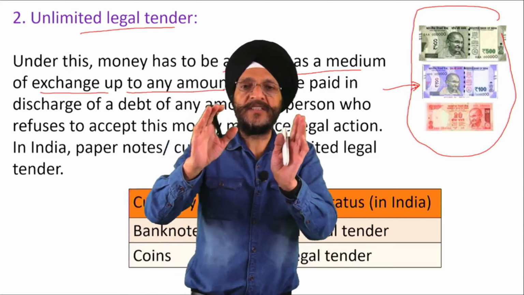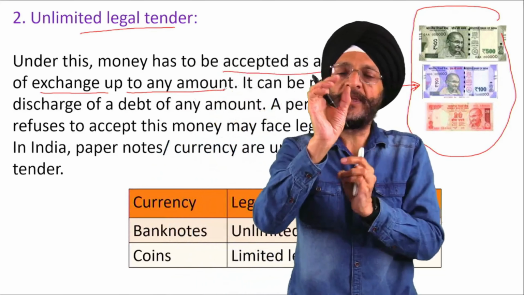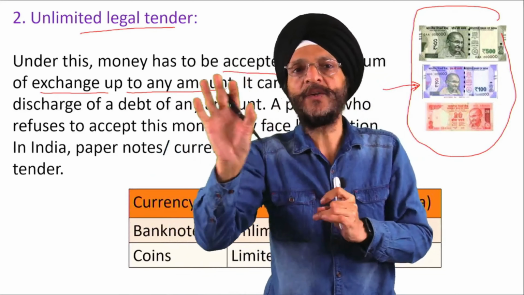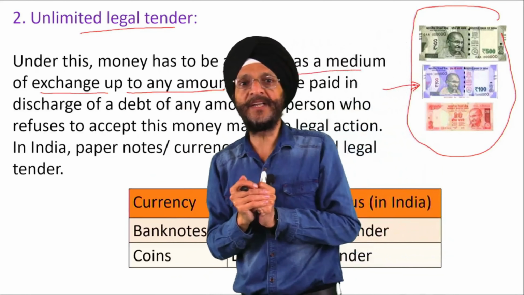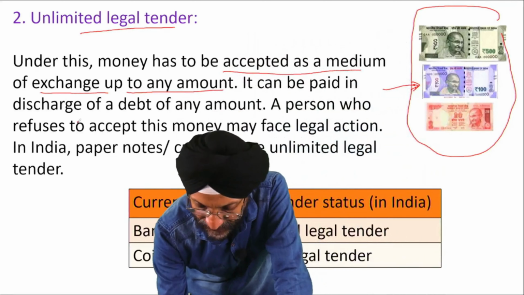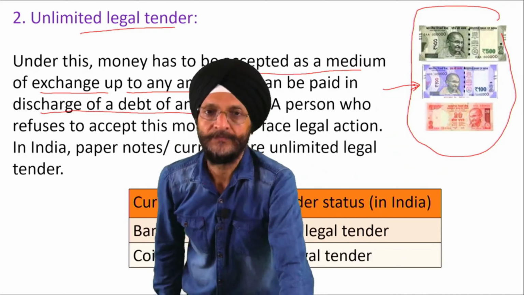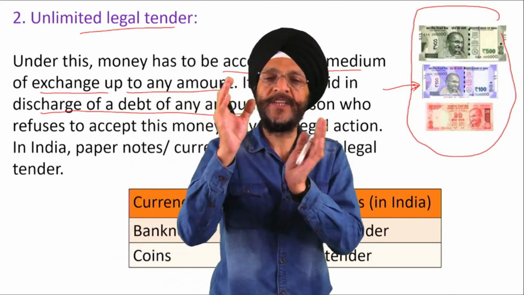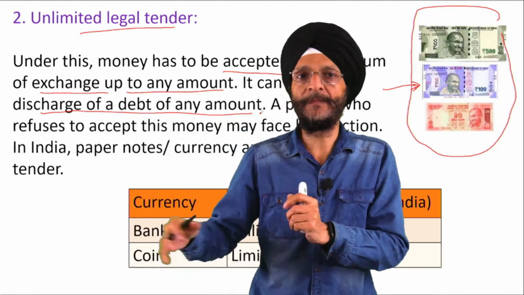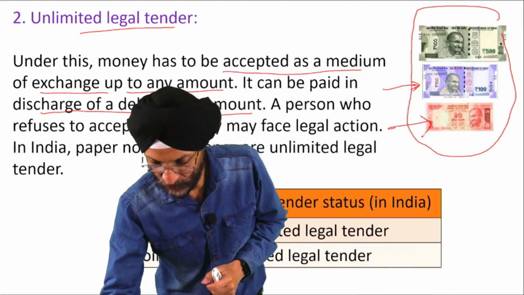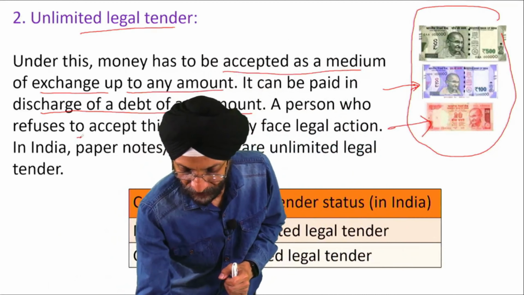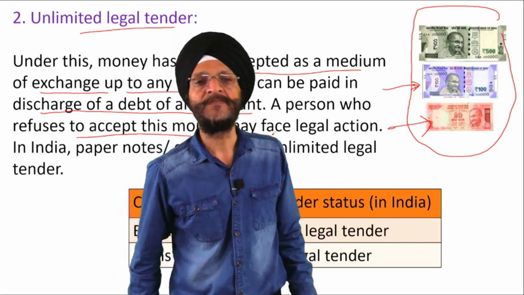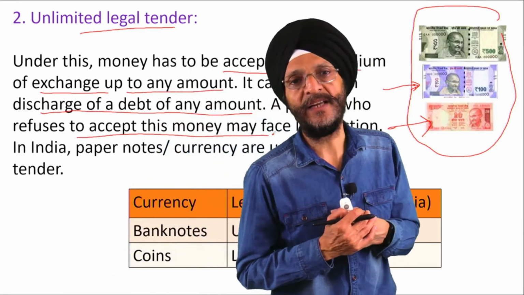There is no restriction that these currency notes can be accepted up to a certain limit only. It can be paid in discharge of a debt of any amount. You may be having a debt of say rupees 10 lakhs, you can make the payment by way of these currency notes. A person who refuses to accept this money may face legal action.